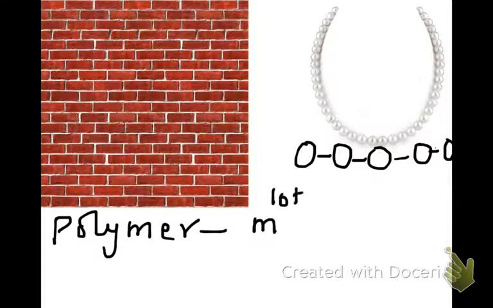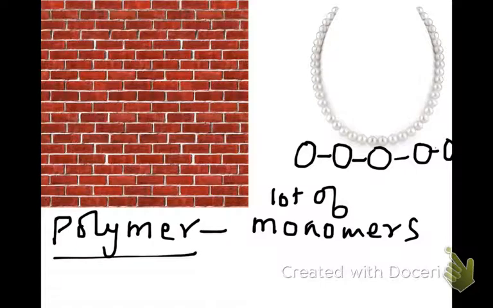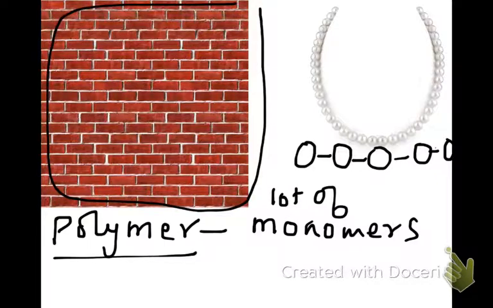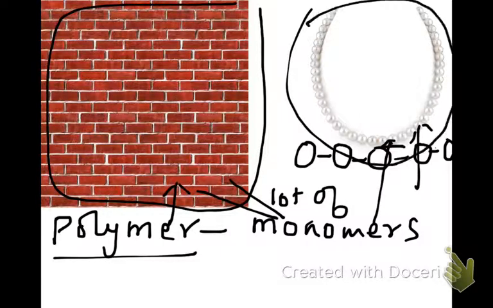A lot of monomers are put together, and then you get a polymer. This is like a generic word. So in this case, this wall is put together by a set of bricks. The individual bricks become the monomers, and the polymer is this entire wall. Or you could say the individual monomers are these individual beads, and the entire chain or string is your polymer. Got that? Okay.